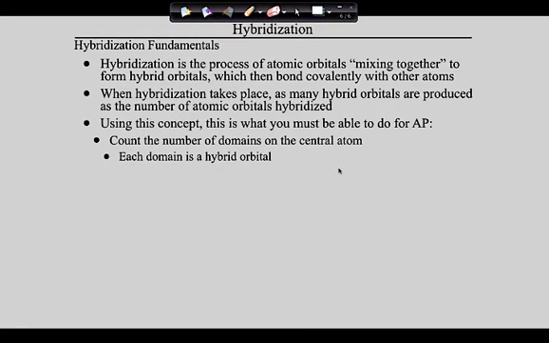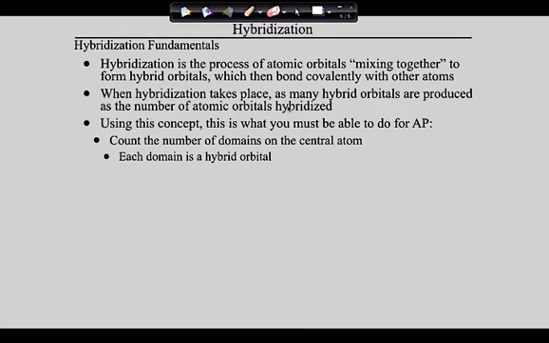Those domains are the hybrid orbitals. Guys, for a year and a half, we've been talking about electron domains. Electron domains actually go by another name. They are the hybrid orbitals. Write it down, and then I'll show you what I'm talking about. Are you with me? Can I switch?